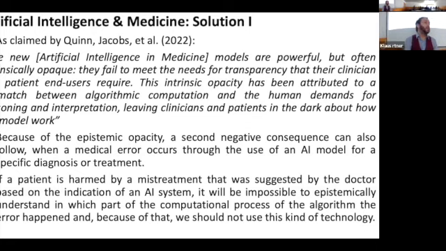Because the doctors will not claim to be morally responsible for a decision made by a machine, but we cannot identify the specific input that was wrong and that made the diagnosis wrong as well. So there is also this second problem that arises when we are dealing with the epistemic opacity of these AI models.